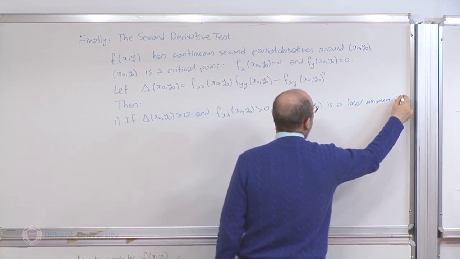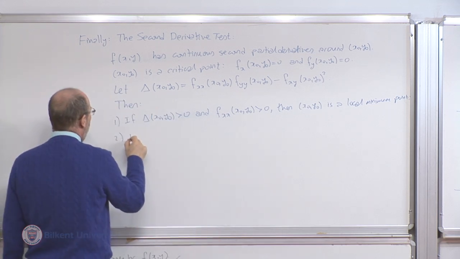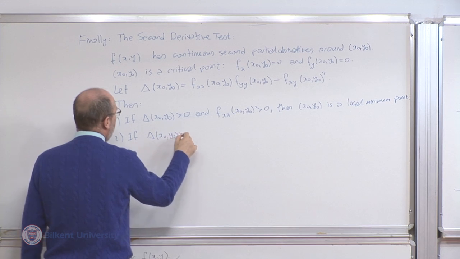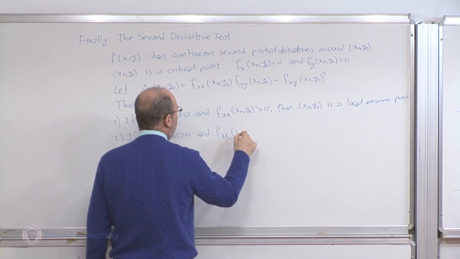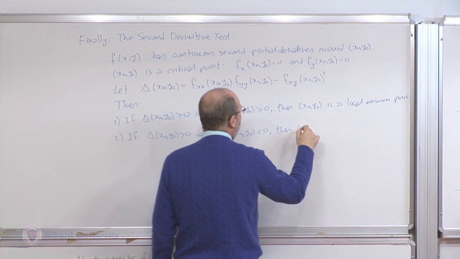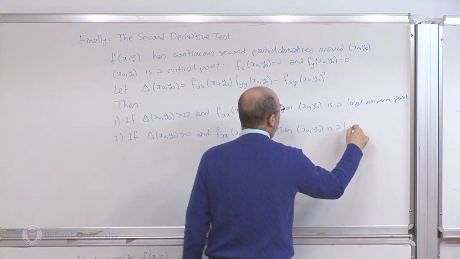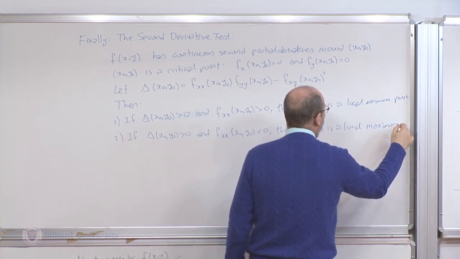Second, if the discriminant is positive and fxx is negative, then this is a local maximum point.